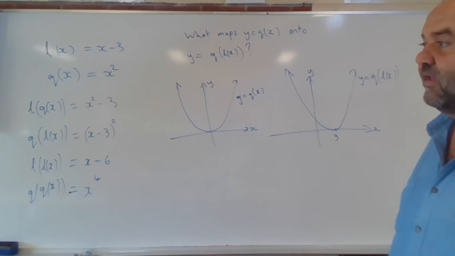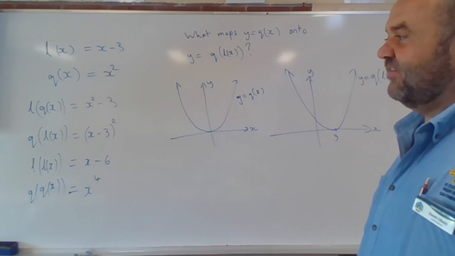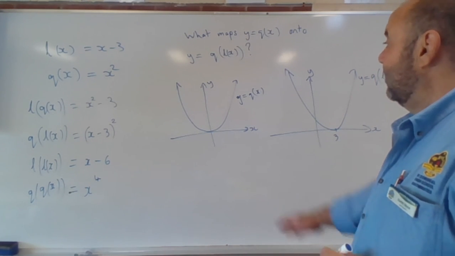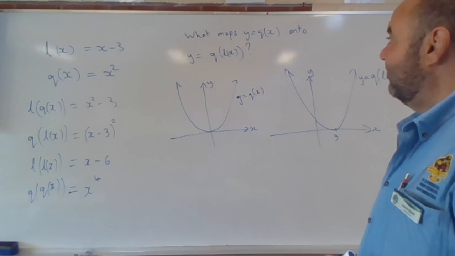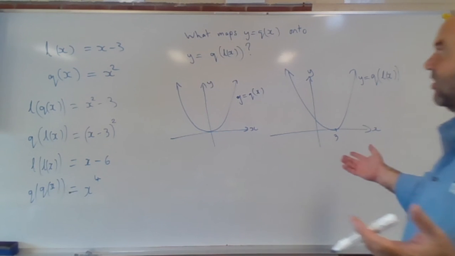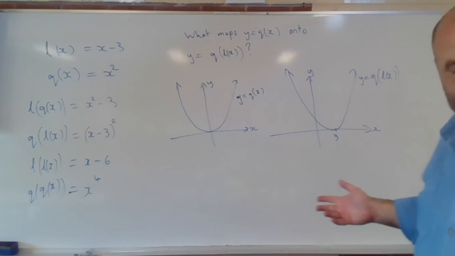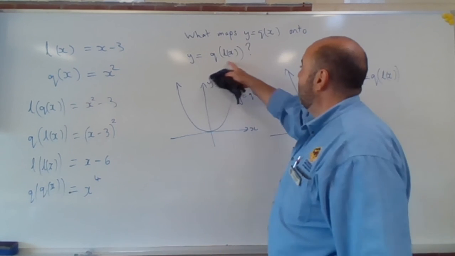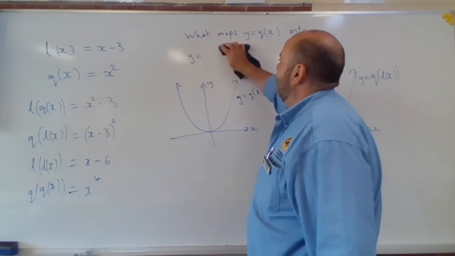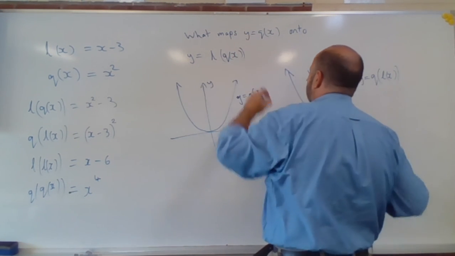Part E asks a similar question. What maps the graph of y equals q of x, which we've still got here, to the graph of y equals L of q of x? I'm going to stand back so you can have a look at that. That's the answer to part D. Part E is a similar question, except that they're asking not about q of L of x, but about L of q of x.